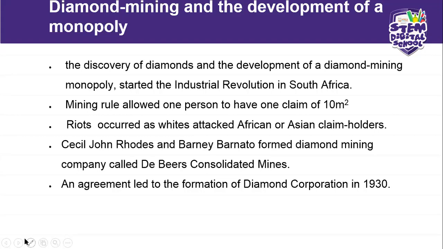The British were clever at that time. They took over the area. Because they discovered diamonds, they wanted to own the land and take those diamonds. So remember to research the word monopoly.